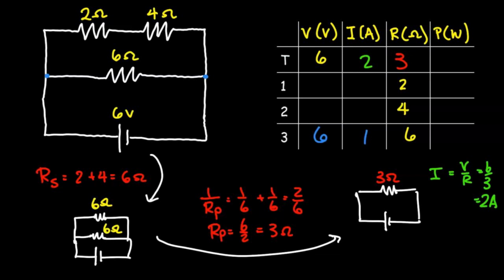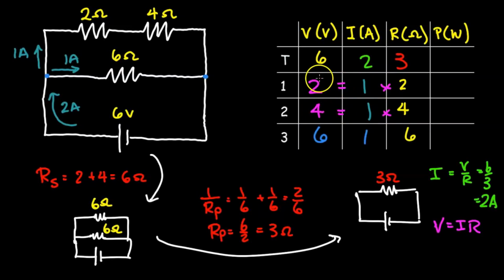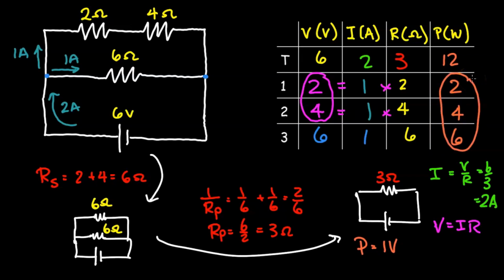Since there are 2 amps going through the battery and 1 amp going through the 6 ohm resistor, there must be 1 amp going through the other branch. Then using V equals IR, we can calculate the voltage across the 2 and 4 ohm resistor. And finally, we'll calculate the power using P equals IV. When we add up the power for each resistor, 2, 4, and 6, we get 12, which is the total power of the circuit.